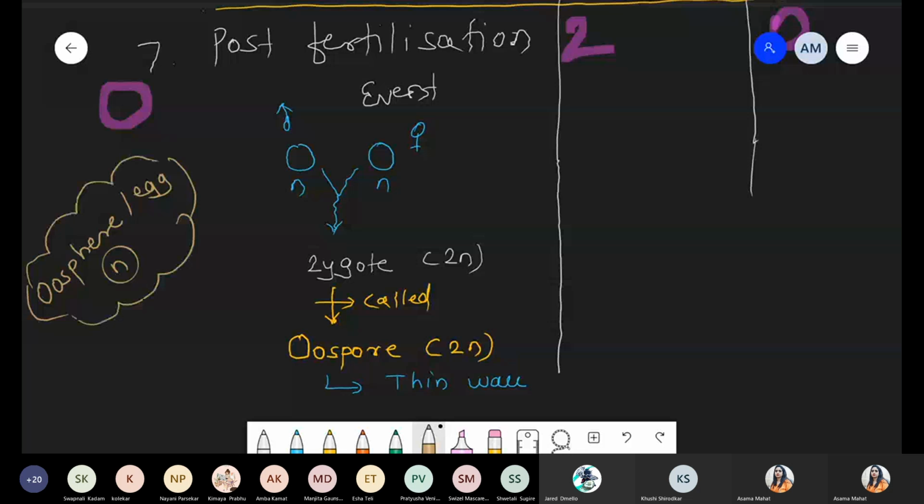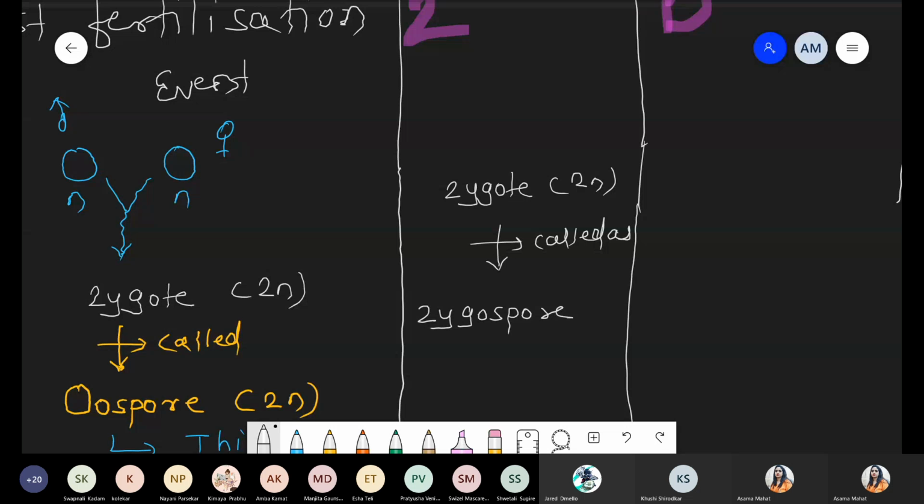See, the oo word comes from the Oomycetes. Same scenario. The zygo word, zygote, comes from the Zygomycetes. But what is exactly the difference? Zygospore is definitely diploid in nature, but it has a thick wall around the zygote.